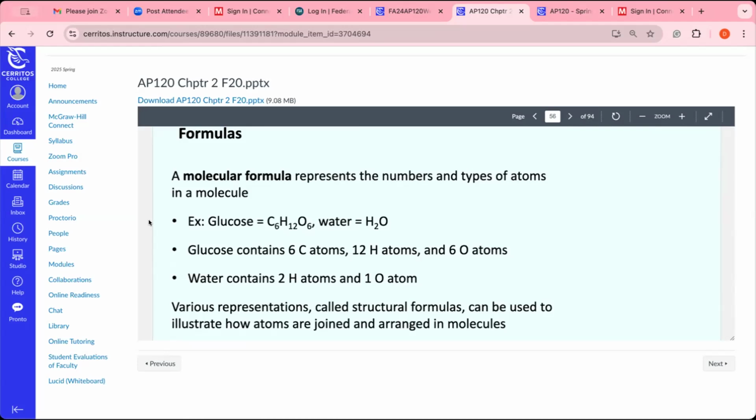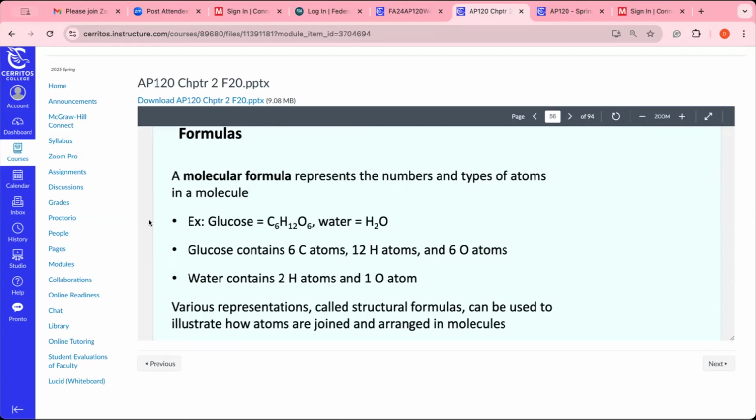This means there are 6 carbons because carbon is C. There's 12 hydrogens and 6 oxygen atoms. So glucose is C6H12O6. Water is H2O, 2 hydrogen atoms and 1 oxygen atom to make 1 molecule of water.